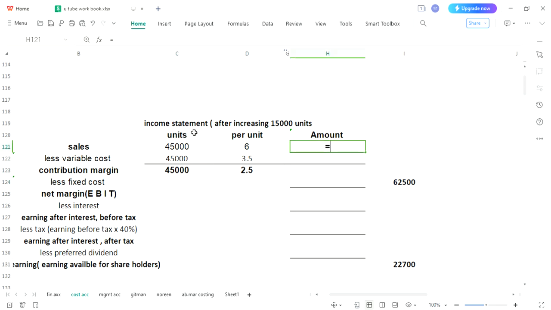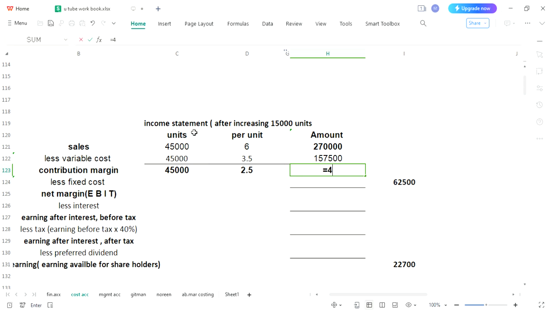Units would be multiplied with per unit. Units are 45,000. Per unit sale is 6. And then you will calculate variable cost: 45,000 units multiplied by variable cost, which is 3.5. This way you will get your total variable cost. Now we will calculate our contribution margin.